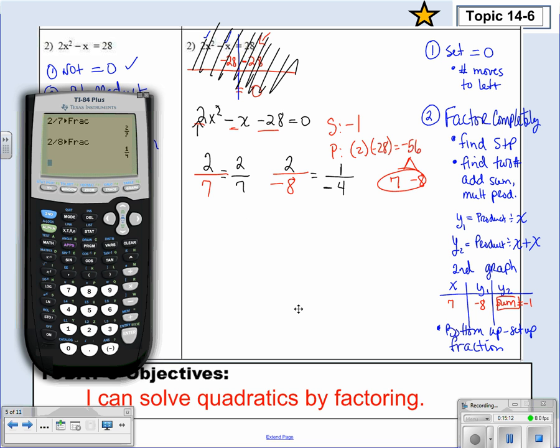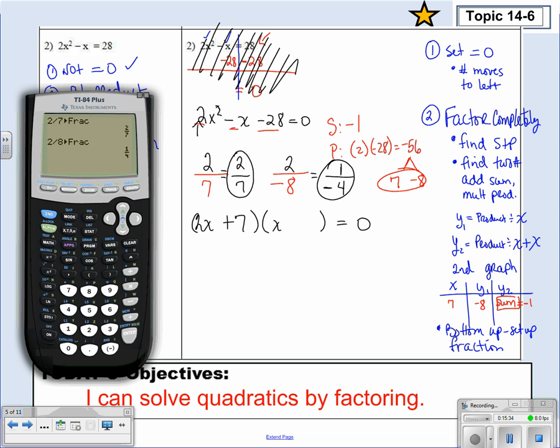So now we use those fractions to rewrite our equation, make our factors. Here are my 2 parentheses. They will both have x's in them because our variable is x. From our first fraction, the top number goes in front of the x, the bottom number goes after. Since it's a positive 7, we put plus 7.